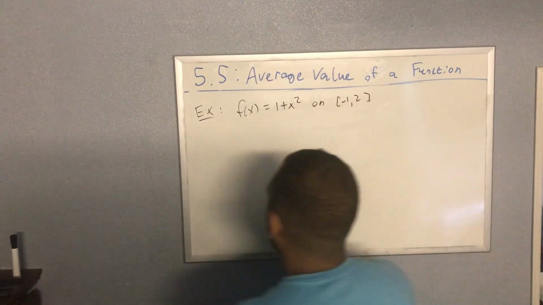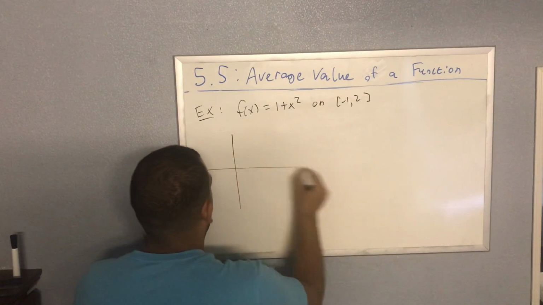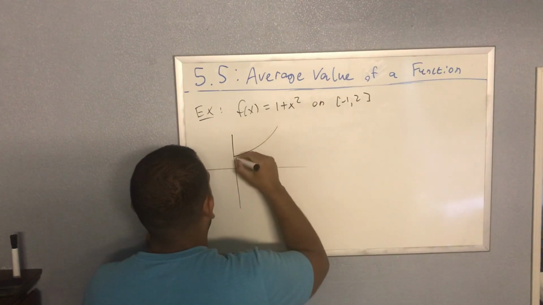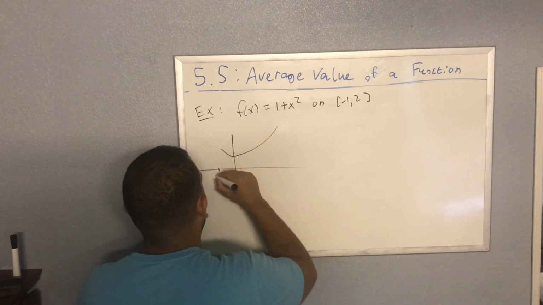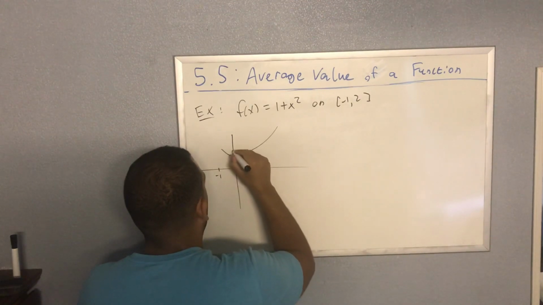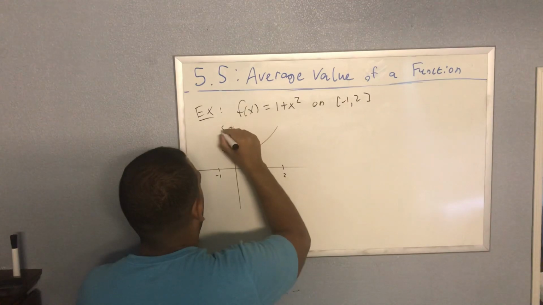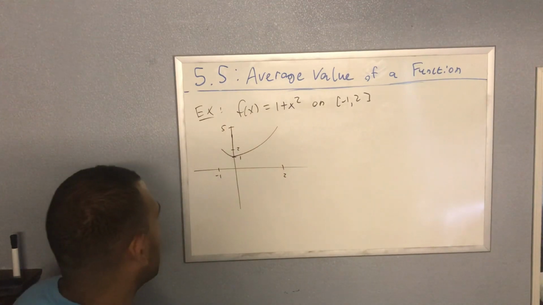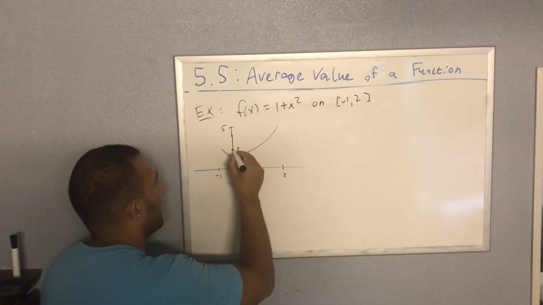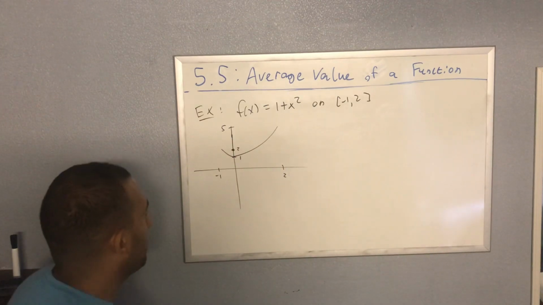And remember, let's just draw it again. At negative 1, it was 2 units up, and then at positive 2, it was 5 units up. And we said that the average value was 2.